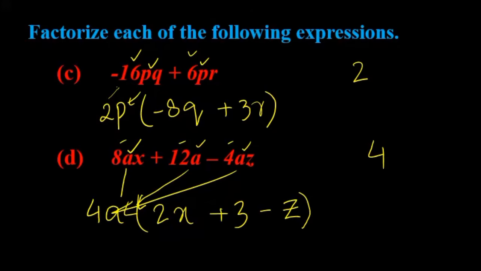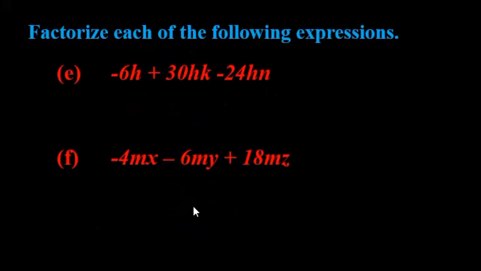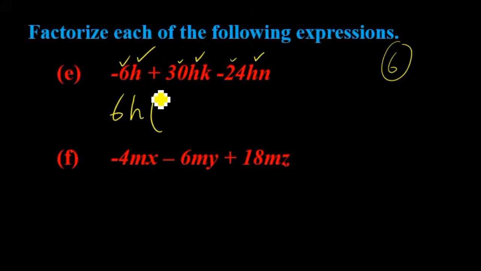Factorize each of the following. Again the same question, the same pattern. First we will see what the HCF is. 6, 30 and 24. 6 is your HCF. And what is the common variable there? Common variable is h. So what do I write here? 6h. So what is left here? Everything is common here, so only minus 1 is left. Right?